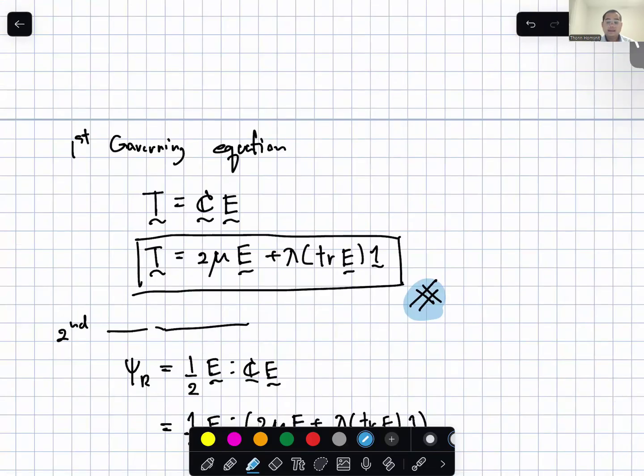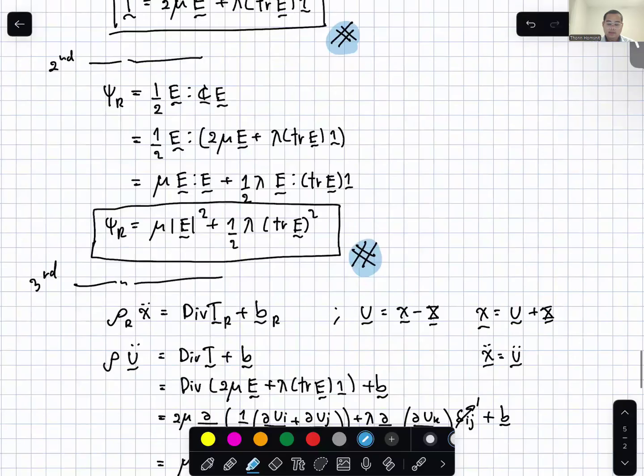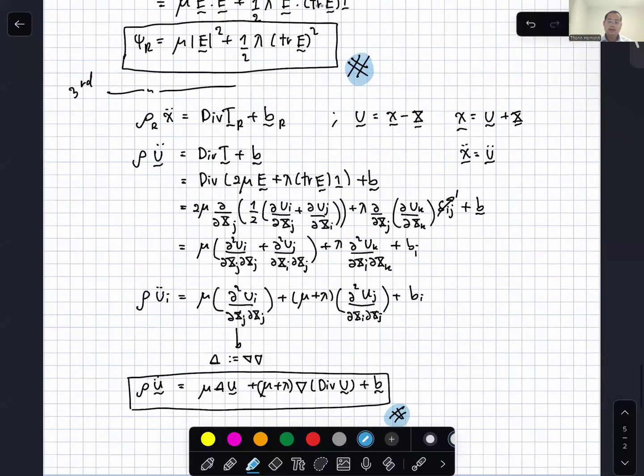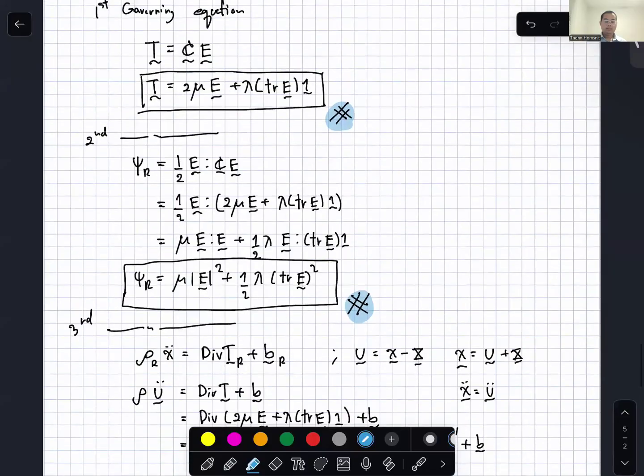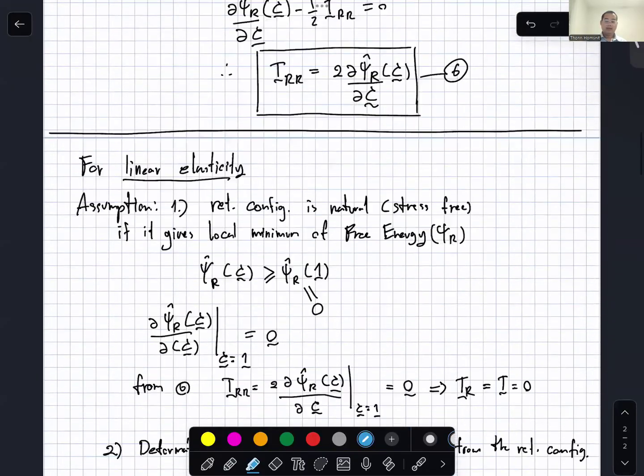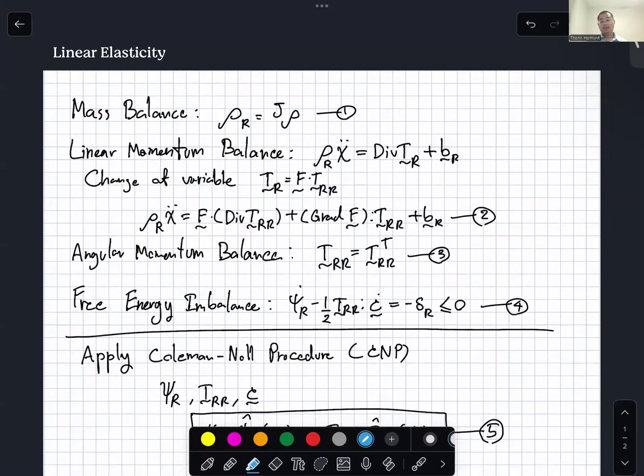So that's it. Now we have derived the linear elasticity equations, which consist of three governing equations from mass balance, linear momentum balance, angular momentum balance, and the free energy imbalance, ignoring the energy conservation.